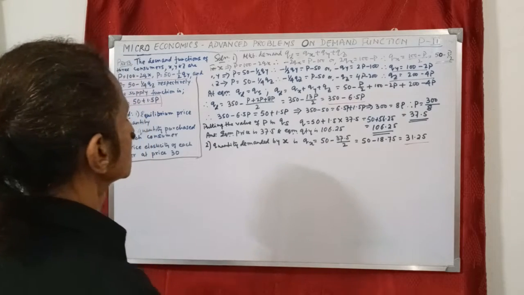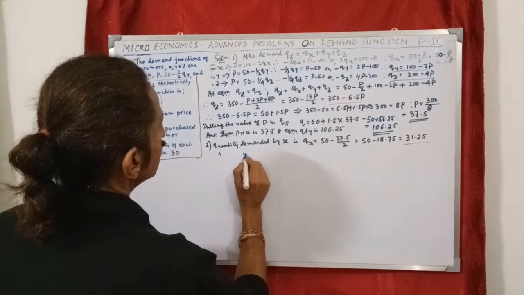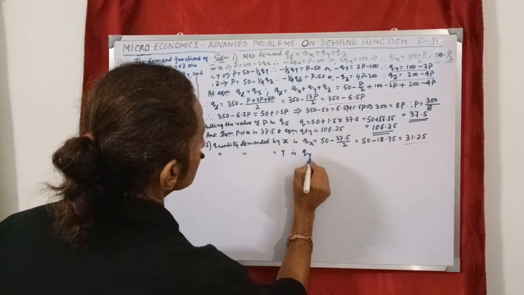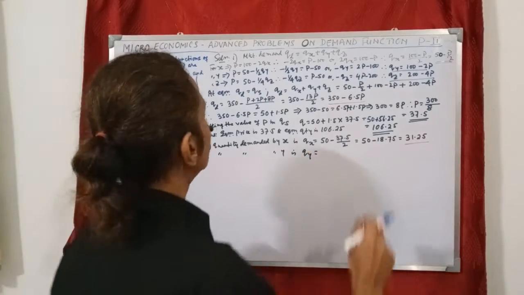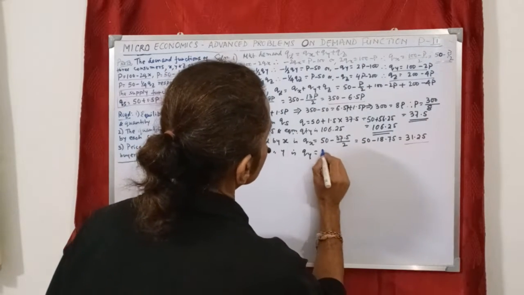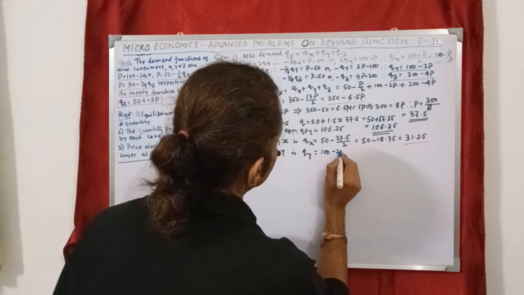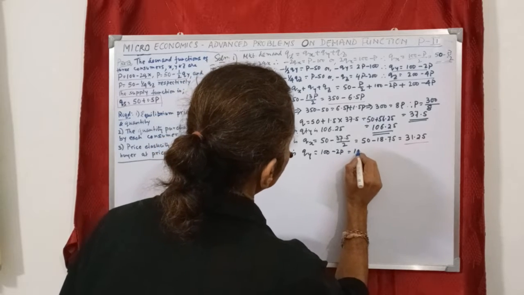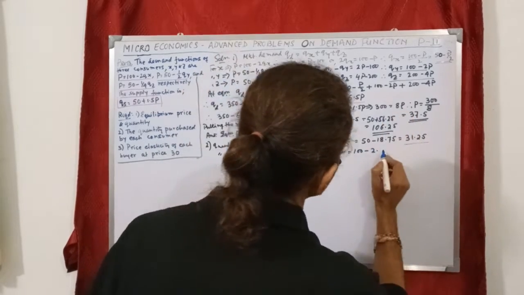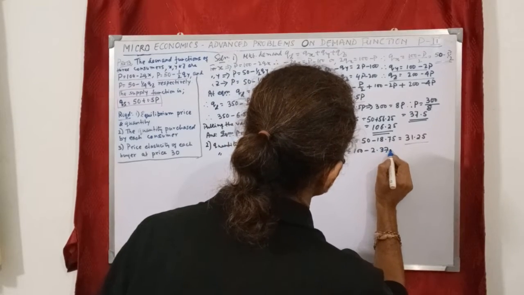Similarly, the quantity demanded by Y is Qy equals 100 minus 2P, which is 100 minus 2 into the equilibrium price 37.5.